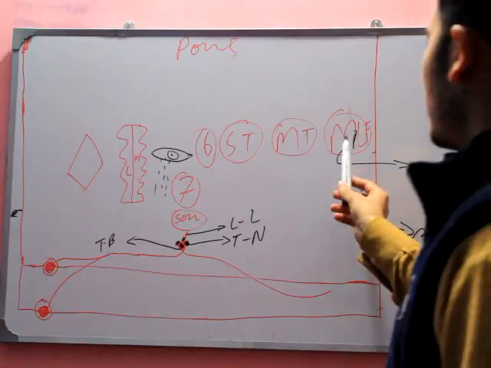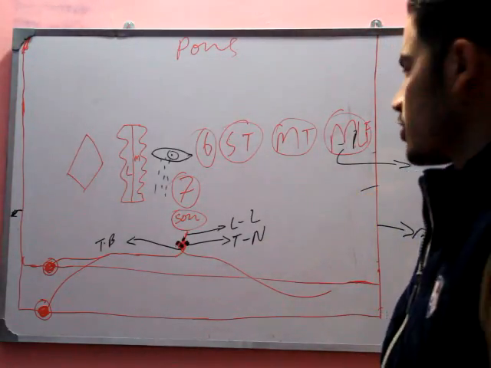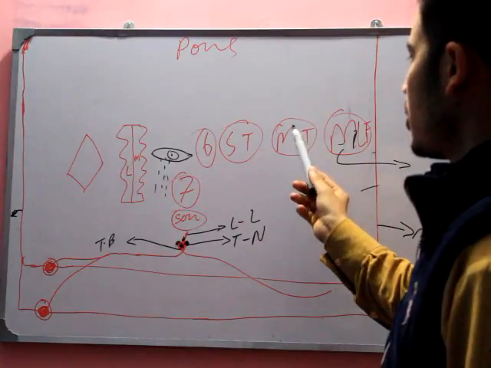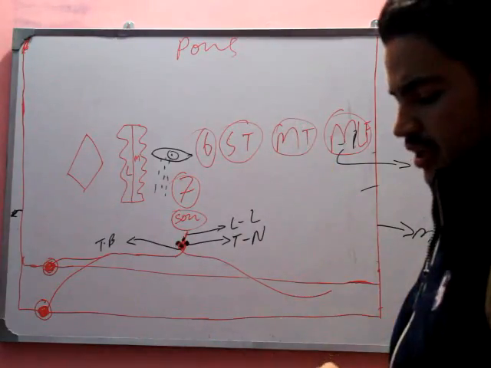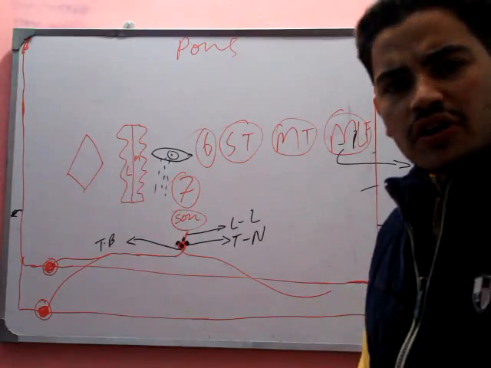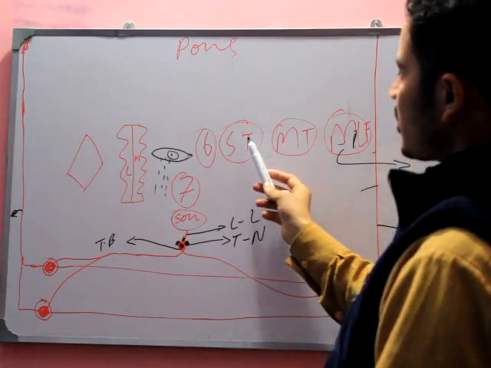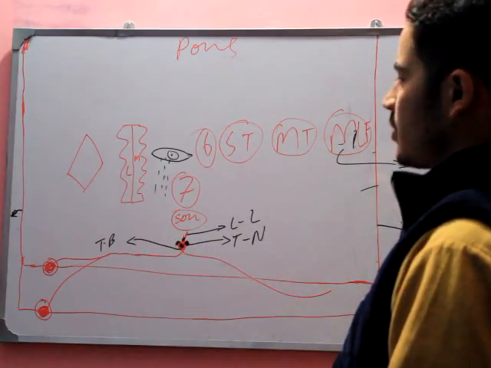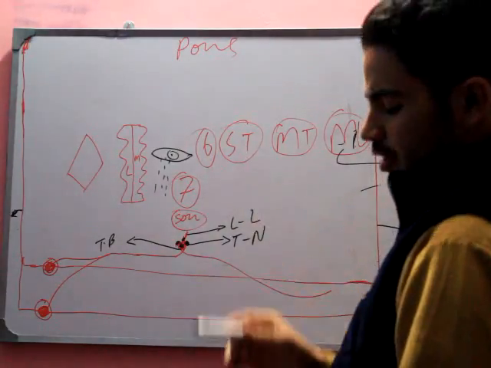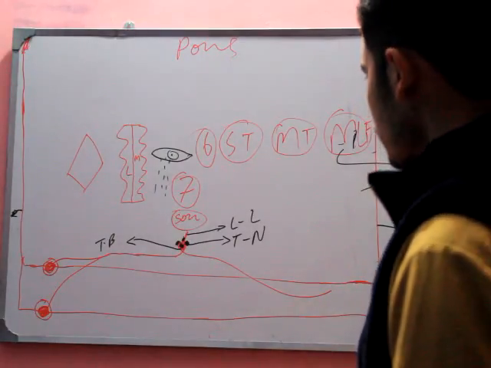Now at the lateral side of the medial longitudinal fasciculus, there is the medial trigeminal nuclei, or medial trigeminal part of the central trigeminal nuclei. Now at the lateral side of the medial trigeminal nuclei, there is your sensory trigeminal part of your central trigeminal nuclei.